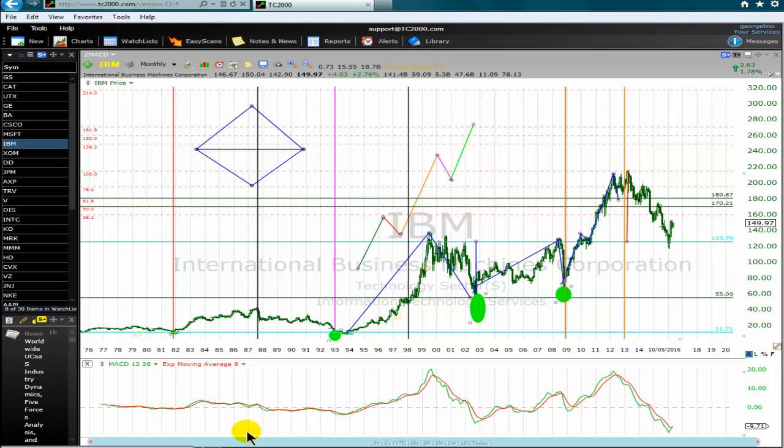Because if you are a long-term investor in IBM, you want to know the cycle. So here you see a 10-year cycle: the stock goes up for 5 years, goes down 5 years. If it exceeds the high of the 5 years, it has a high chance to continue to go up, forming an Elliott wave cycle.